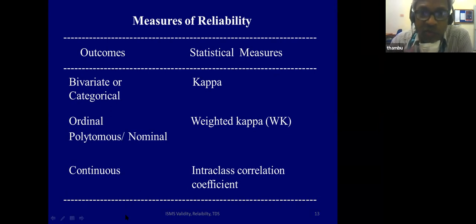Now, when you want to look at sensitivity, that's people with disease, then the prevalence comes into play. Let's say the prevalence is 10%. Then if you study overall 100 people, only 10 people will have disease. That's a sensitivity aspect. So you need to know the prevalence and the estimated sensitivity and specificity. But that is not what I'm talking about today.